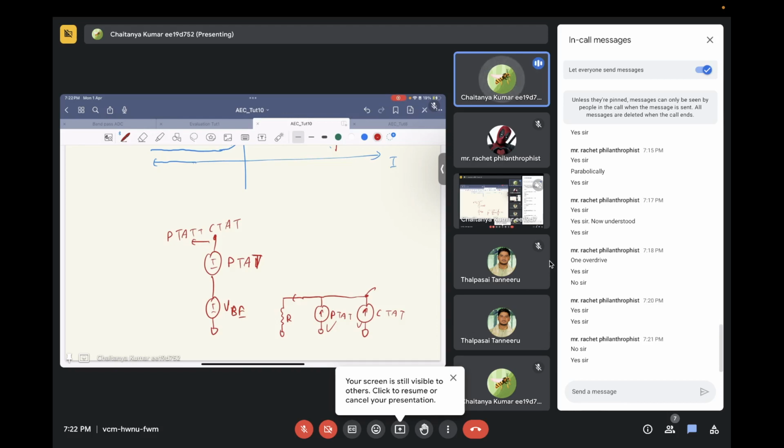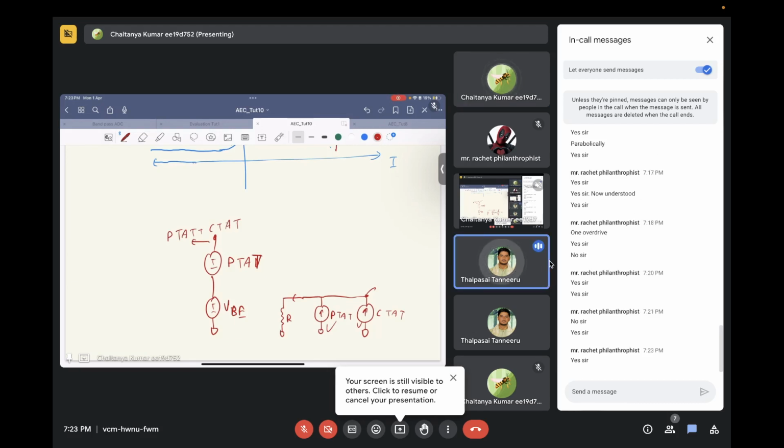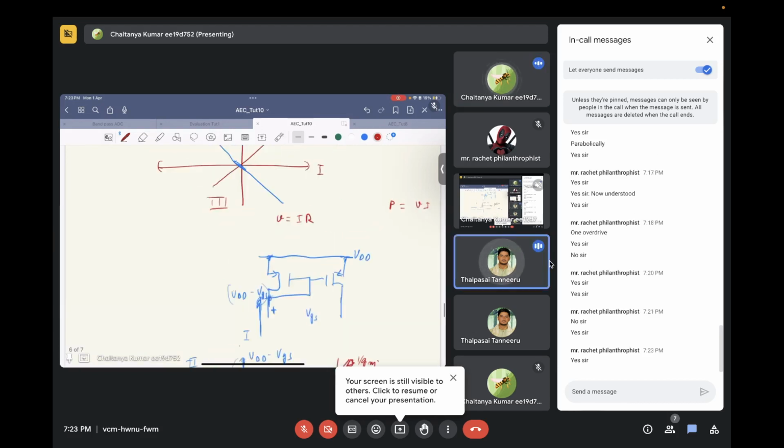The power supply required will be reduced significantly. And CTAT plus PTAT I am adding. So here instead of a band gap voltage, I will get a constant current across temperature. You understand? Yes, sir. Correct.